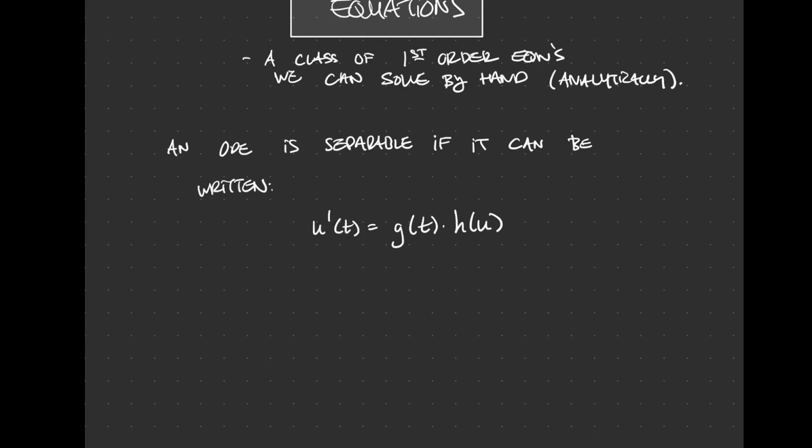So as long as you have the derivative on one side, this is a first order equation, right? First derivative on the left side, and then on the right you have something in terms of t and something in terms of u, and these are being multiplied together. All right, so the reason that that's nice is you can easily split it and solve by integration, okay?